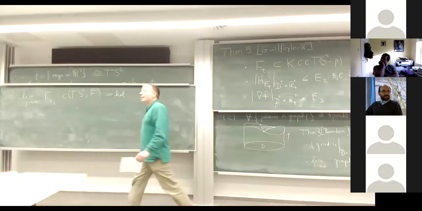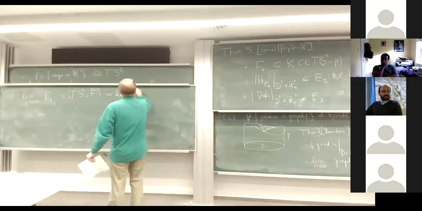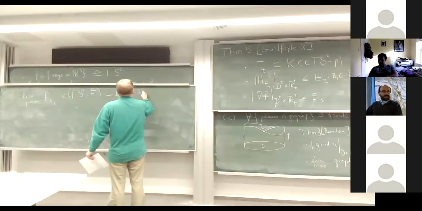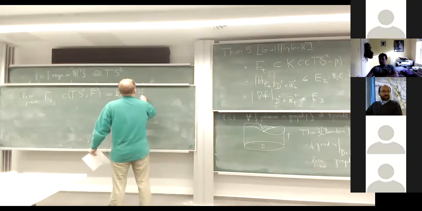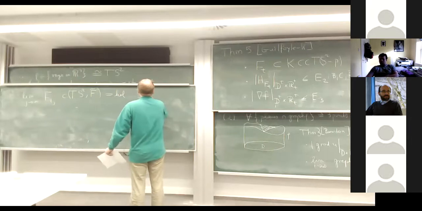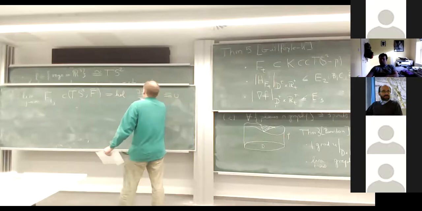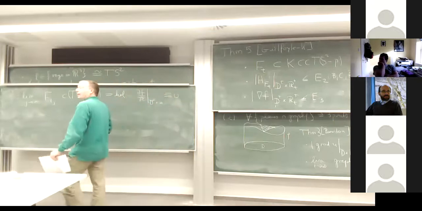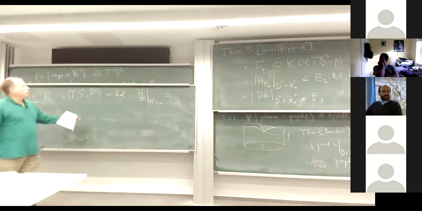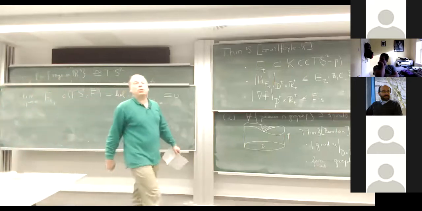Well, what does that say? That says that the Cauchy-Riemann equation for f infinity, d-bar f infinity, is 0. That's just saying that the graph of a holomorphic function is a holomorphic curve.